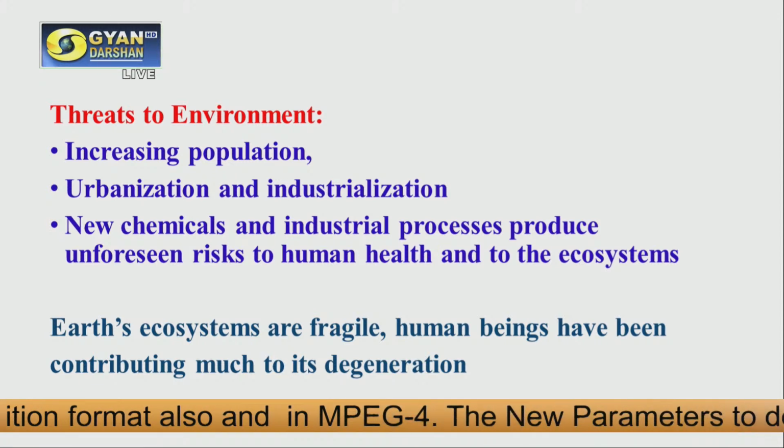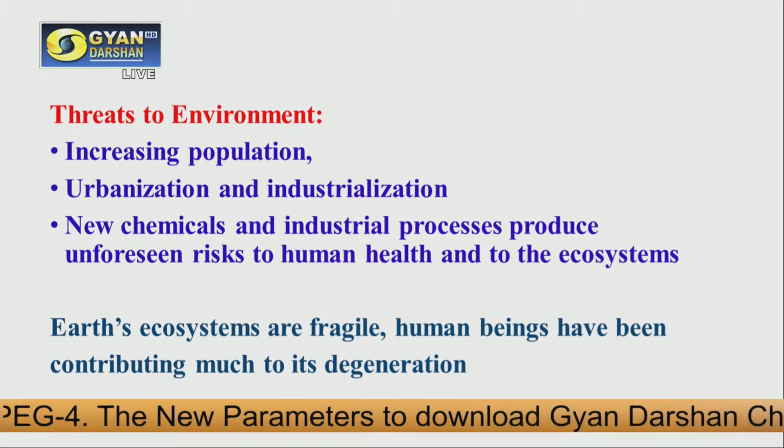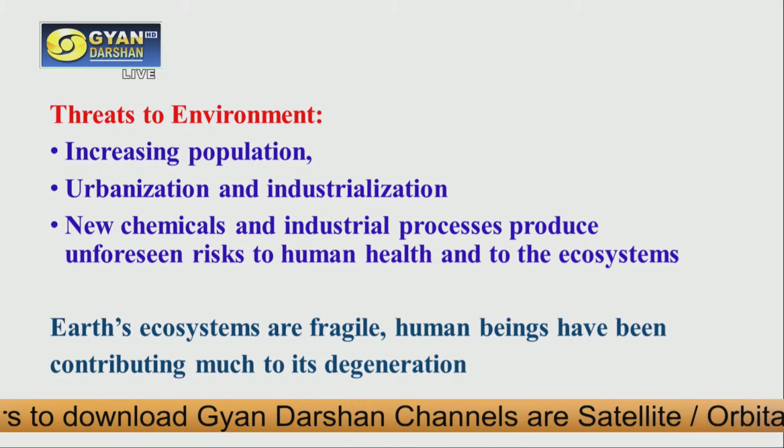Because nature has provided many things, but only in a certain amount. And these things which nature provides to us on this planet are meant for a particular size of the population.